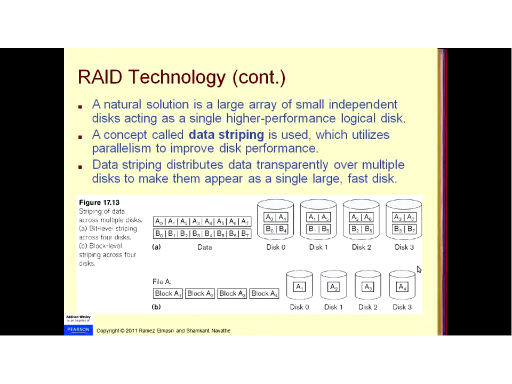A concept called data striping is used, which utilizes parallelism to improve disk performance. Striping distributes data transparently over multiple disks to make them appear as a single large fast disk.